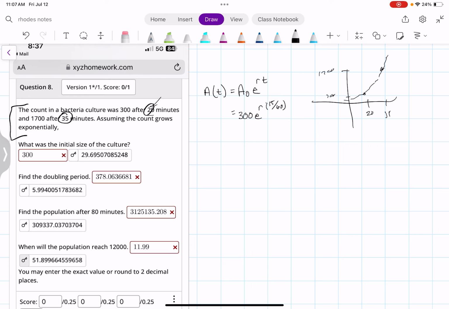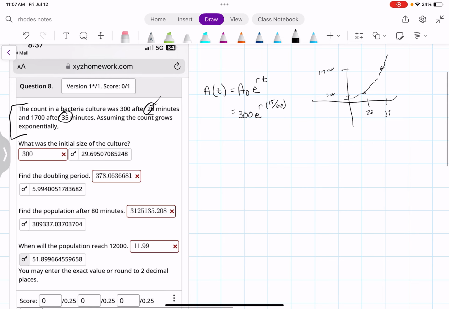Dividing by 60 gets it back from minutes, which some parts of these problems ask about. And the amount after that 15 minutes ends up being 1700. With that information, we should be able to solve for r.